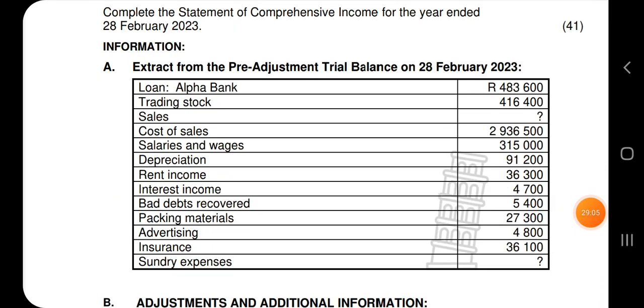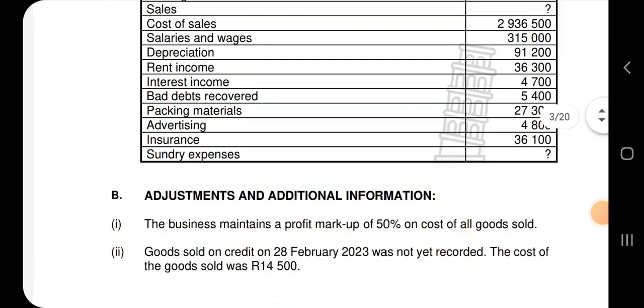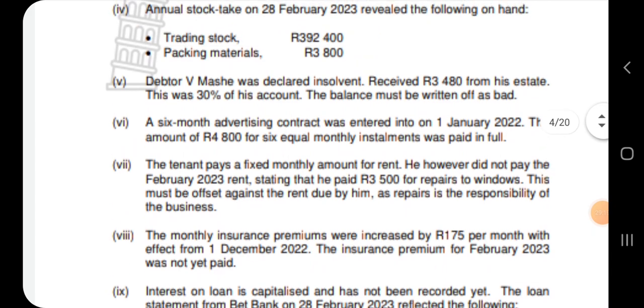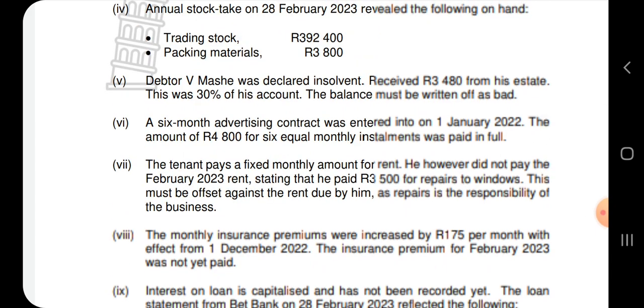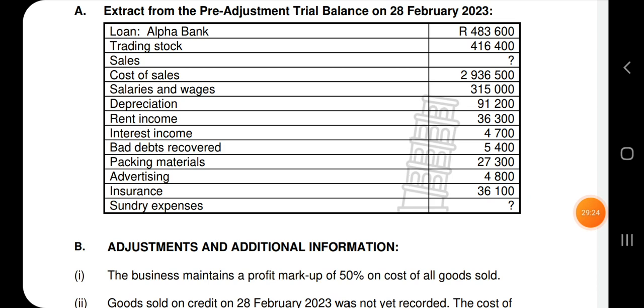So the rent income on the trial balance is 36,300 rand. We just have to add that one for repairs. The rent income, that 36,300, is only for 11 months.